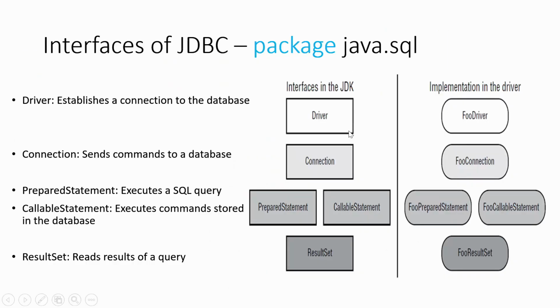Now the JDK provides the java.sql package for database connectivity. It has a lot of interfaces and classes. For the exam, you need to know only these 4 interfaces: Driver, Connection, PreparedStatement, and ResultSet. CallableStatement was in the previous exam, so it is out of scope for 819. The JDK provides the implementation for the Driver class.